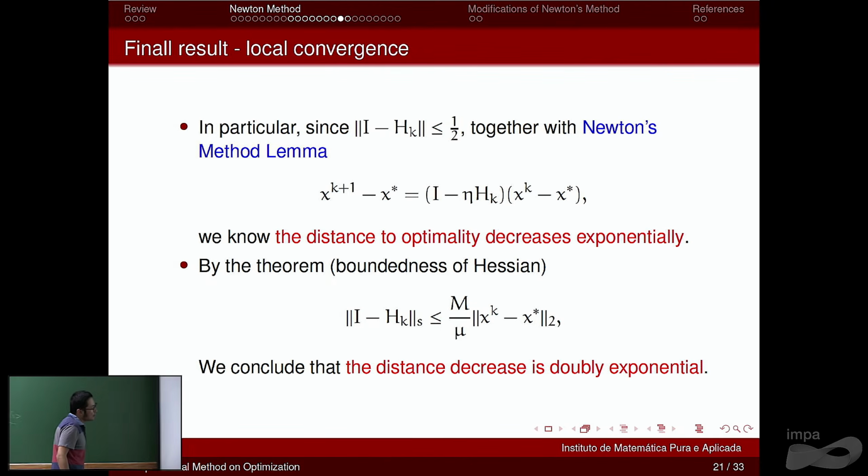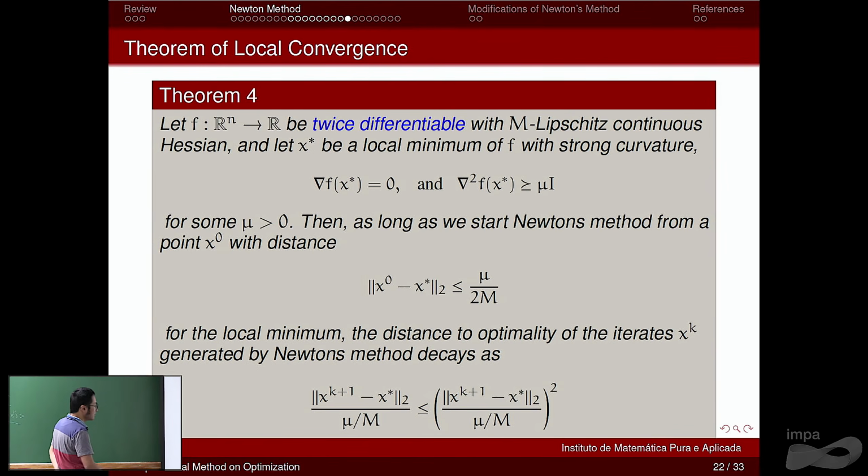So by the theorem analysis here, we can also conclude that the distance decreases double exponentially. Why? Because you have this one, and then you put this together with this Newton method lemma, and you have this final conclusion about the local convergence.